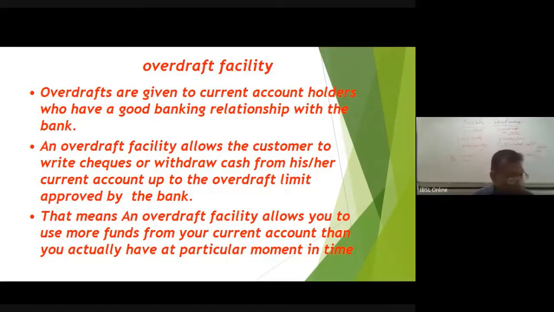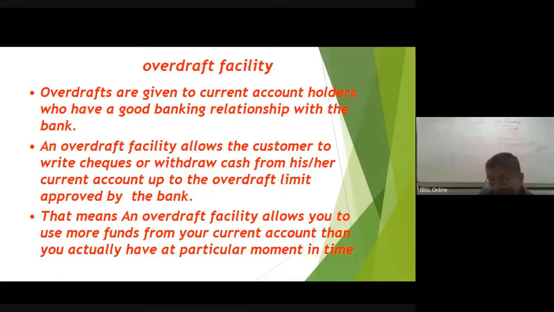Next point. OD facilities may be secured or unsecured. If you want to get an overdraft facility, there may be a security, such as a call letter, or maybe not.